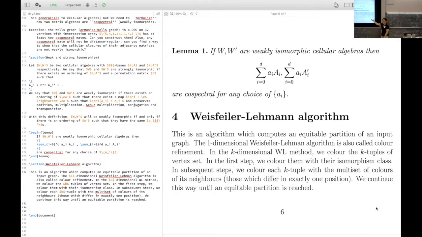So that's a thing that they proved in the original paper, and we will, well, maybe not reprove it, but we'll give some idea of how that goes and how one might achieve such graphs.